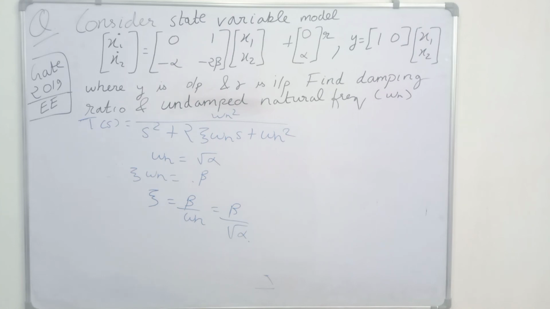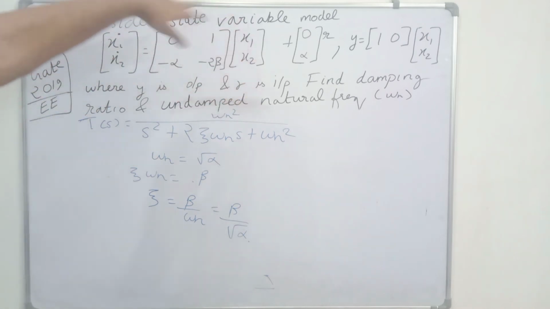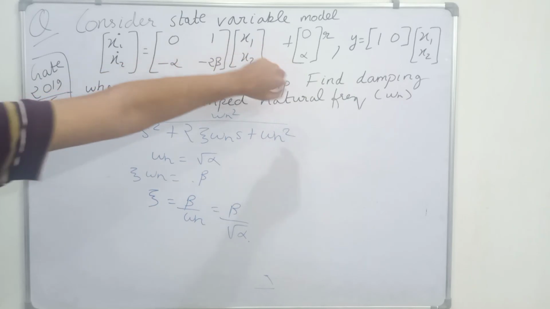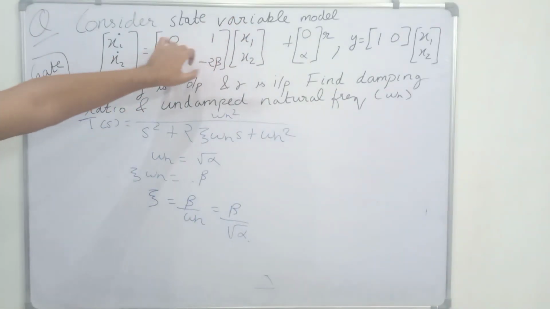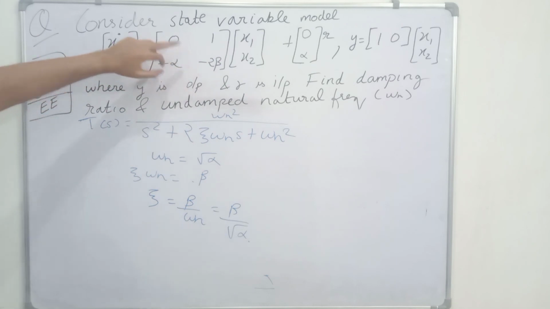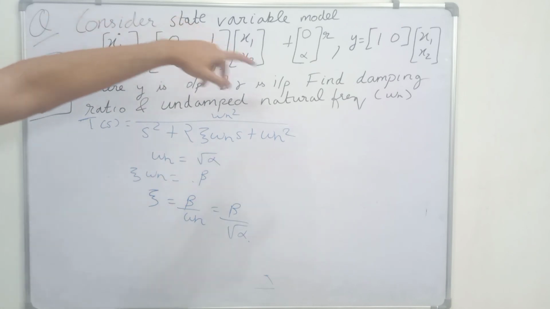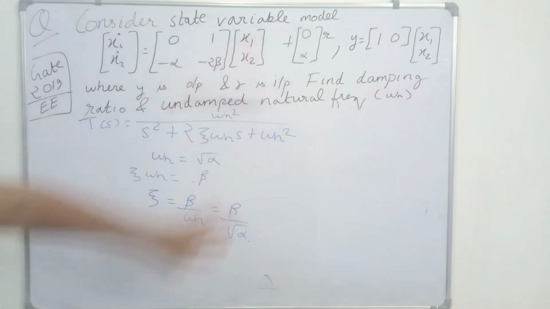The transfer function is given by matrix C into sI minus A inverse into matrix B. Matrix C is this, matrix B is this, and this is the matrix A. First we found sI minus A inverse, then we multiplied it by B, then by C to find the transfer function.